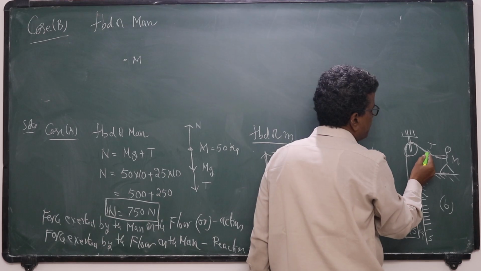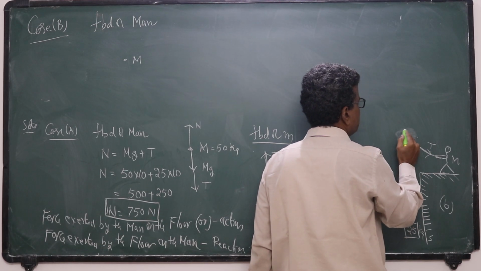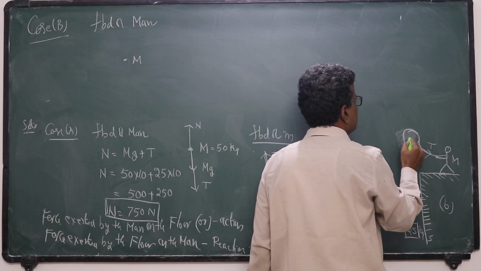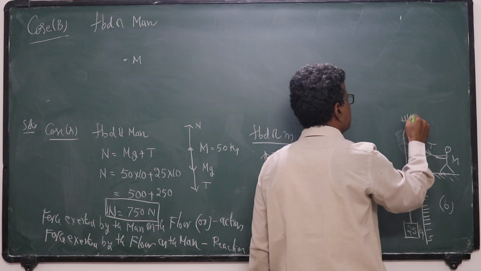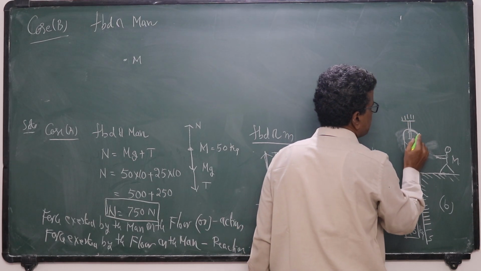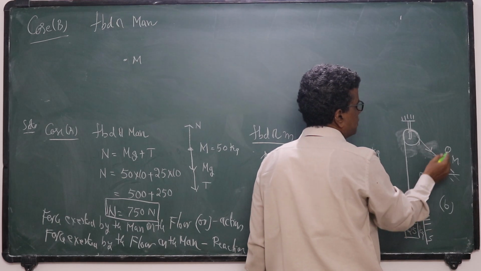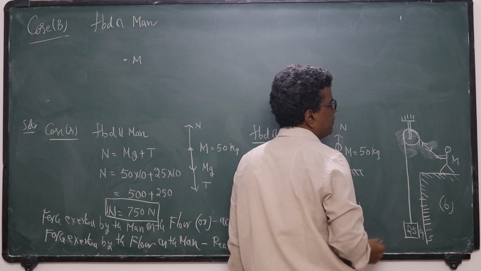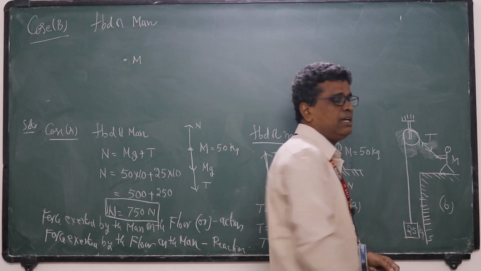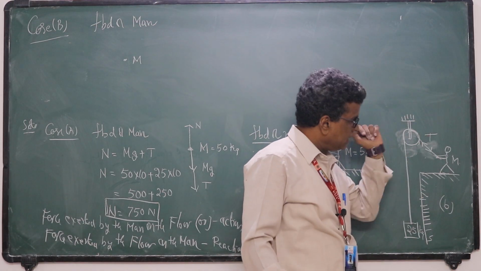So this string, I will extend this one because pulley is a little bit higher, like this. Okay. So the man pulls the string like this. So he pulls down, so it pulls up. So the man pulls the string with a force T. The string pulls the man up with a force T.